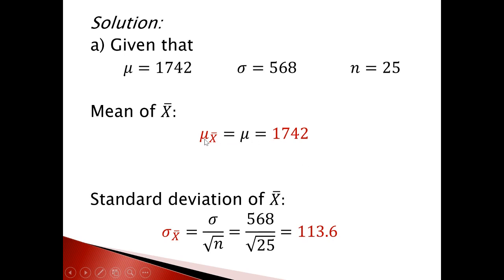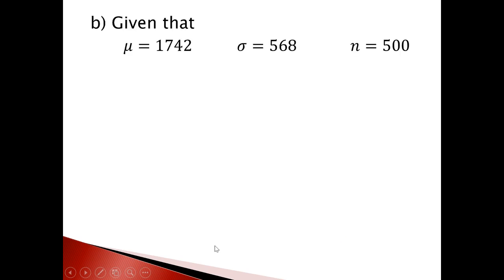Here we can see this mean doesn't vary with the sample size, but the standard deviation varies with the sample size. Let's see these things very clearly from part B. Again, we are going to list the values for the variables, and here the difference is we have a different sample size, which is 500.